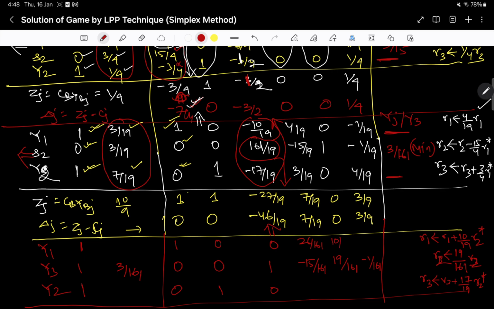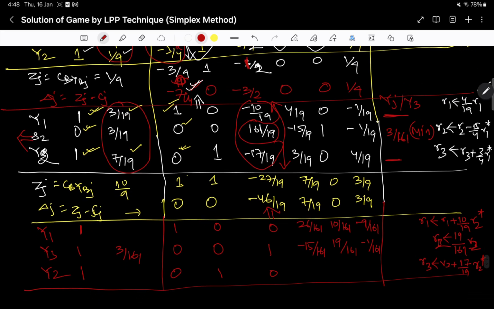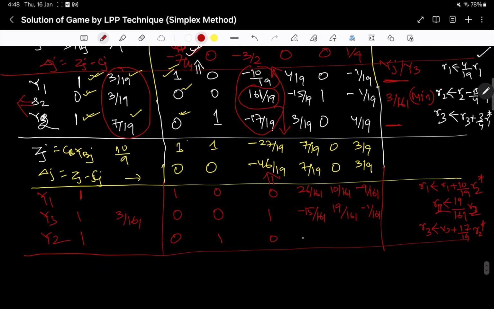This will give you 10 by 161. This will give you minus 9 by 161, and this will give you 12 by 161, and this is 17 by 161. This is 33 by 161.